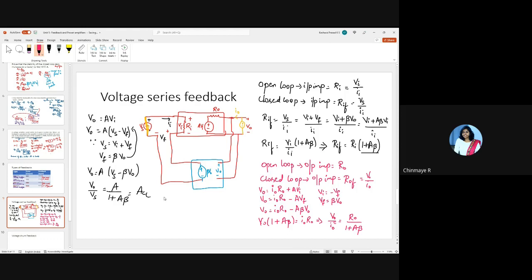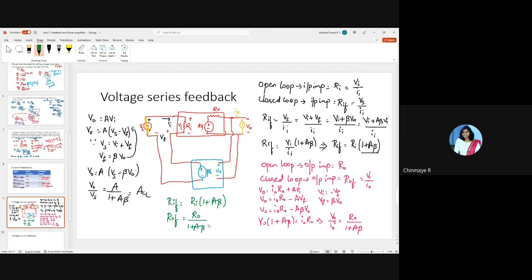So therefore, here, let me summarize. I can say RIF increases by a factor equal to 1 plus A beta in case of closed loop, and ROF decreases by a factor 1 plus A beta.